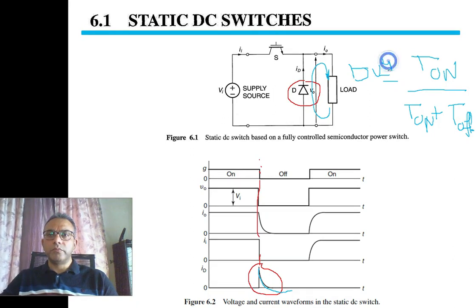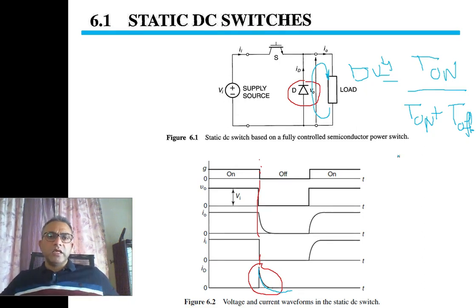So output voltage is V in multiplied by T on divided by T on plus T off. This means that we can vary the output voltage.